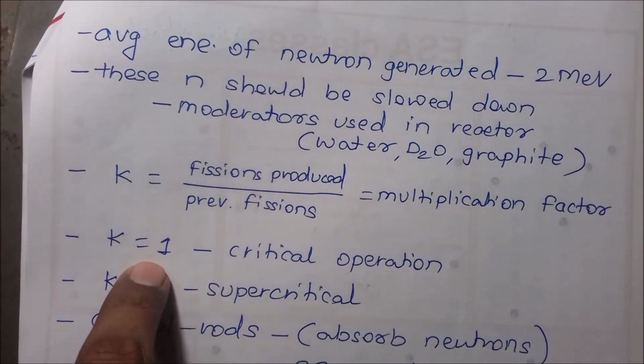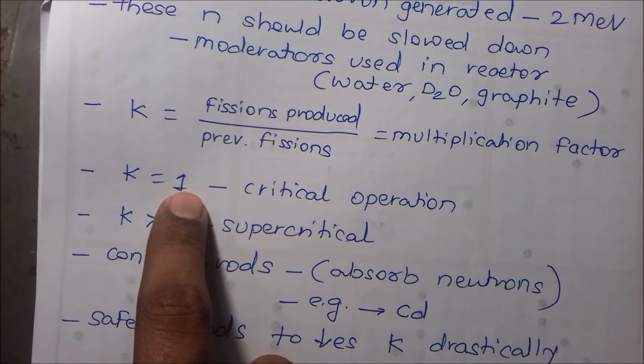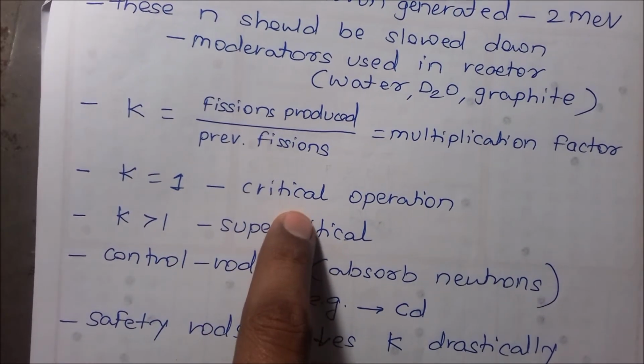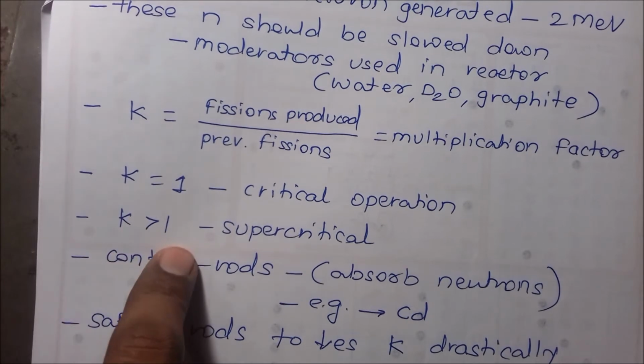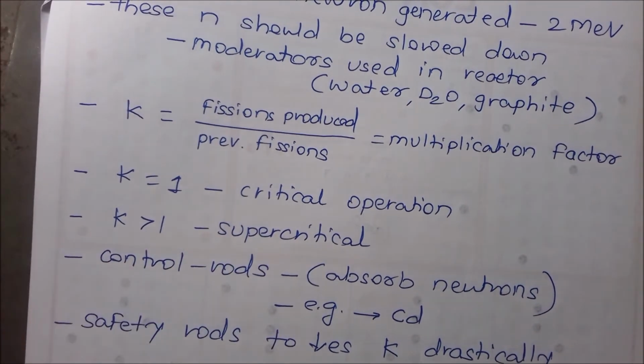If the multiplication factor is 1, then the rate of reaction remains the same. Then this is called critical operation. If K is greater than 1, then the operation is called supercritical, and the rate of reaction increases and it may lead to explosion. If K is less than 1, then the rate of reaction decreases continuously.